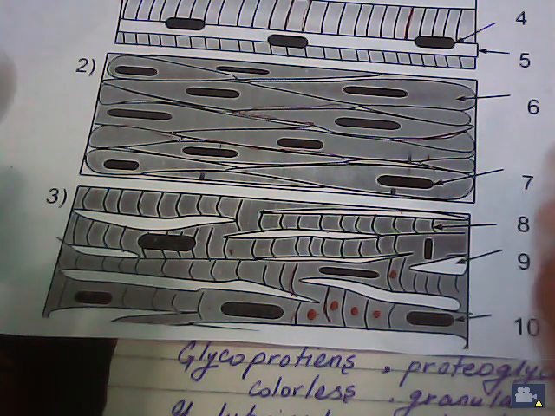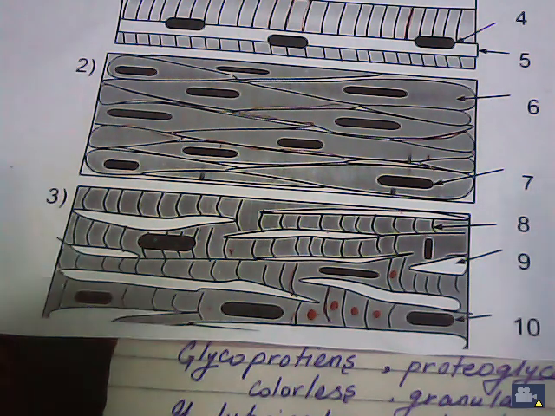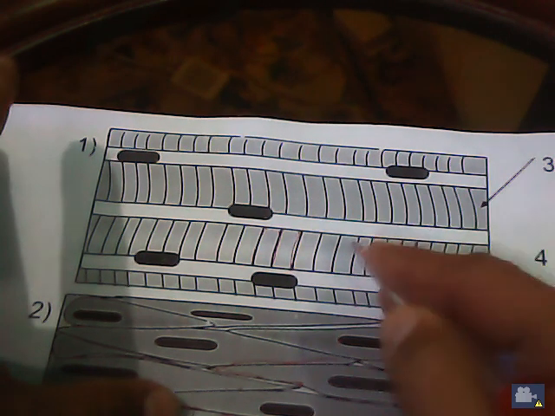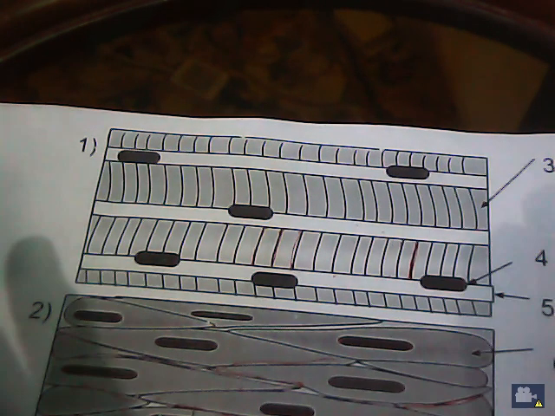These cardiac cells are uninucleated, and where they communicate with another cell there is a disc called the intercalated disc.